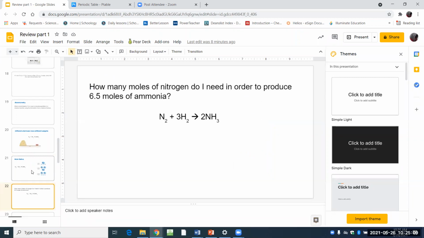Keeping the mole ratio in mind, we can now solve problems involving chemical reactions. For example, how many moles of nitrogen do I need in order to produce 6.5 moles of ammonia? Just by looking at the problem, right away I know that I need about half as much nitrogen.